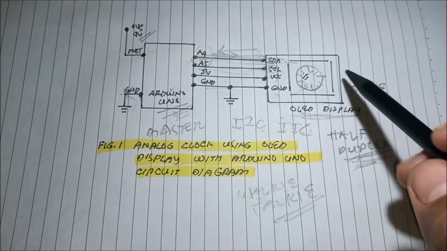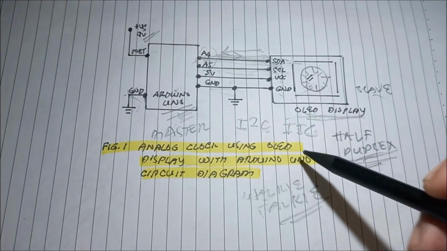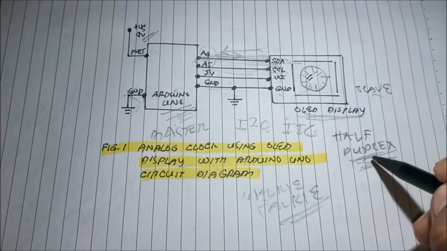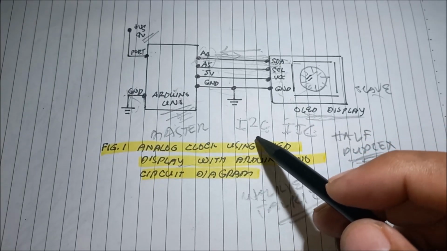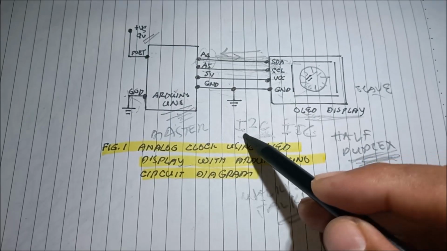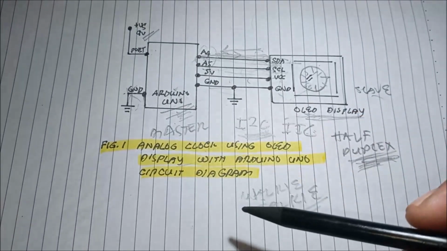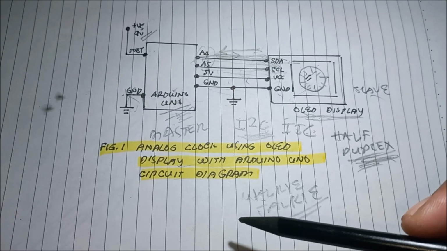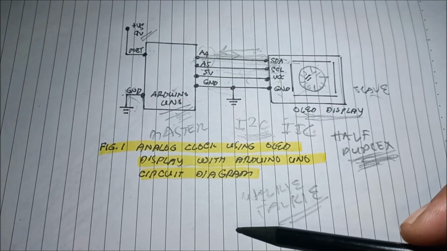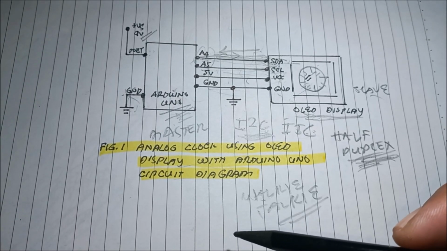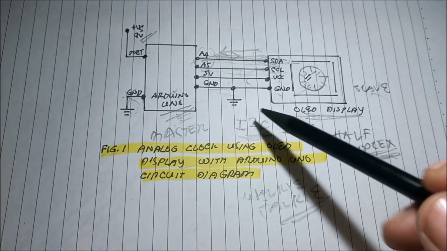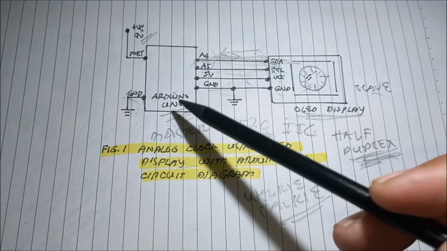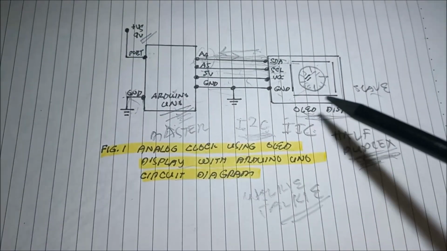The communication mode is half duplex, and the communication protocol uses I2C with two lines. So that is how they are connected. This Arduino Uno serves as the master, and then the slave is the OLED.